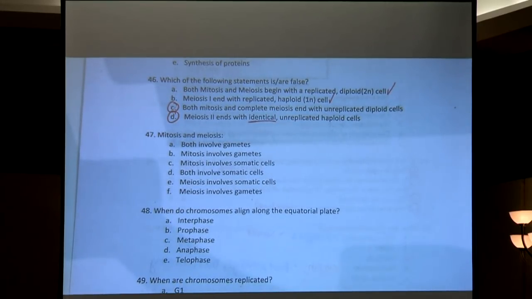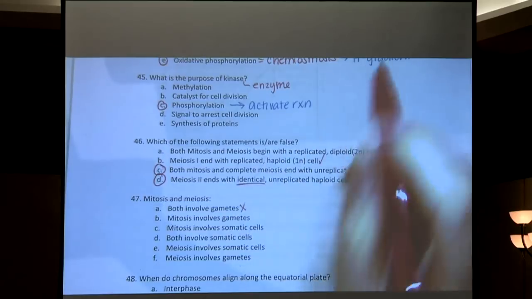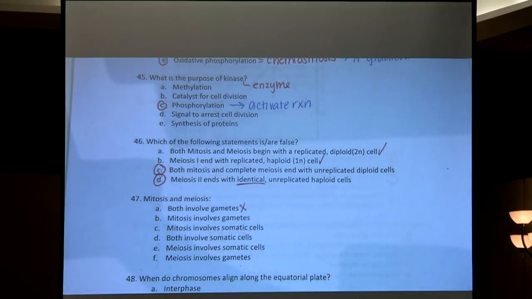So for mitosis and meiosis, we also have a few other things to think about, the types of cells that they begin with. So do both mitosis and meiosis involve gametes? So this would be no, they do not. All right. Does mitosis involve gametes, or does it involve somatic cells?